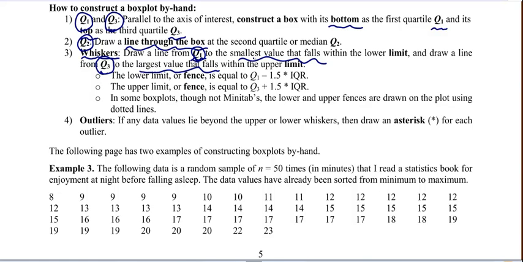To compute the lower fence, we take Q1 and subtract 1.5 times the interquartile range, where the interquartile range is Q3 minus Q1. Similarly, for the upper fence, we take Q3 and add 1.5 times the IQR. Again, we might denote this with a dotted line, but any value beyond a fence is unusual, and we call it an outlier and denote it with an asterisk.